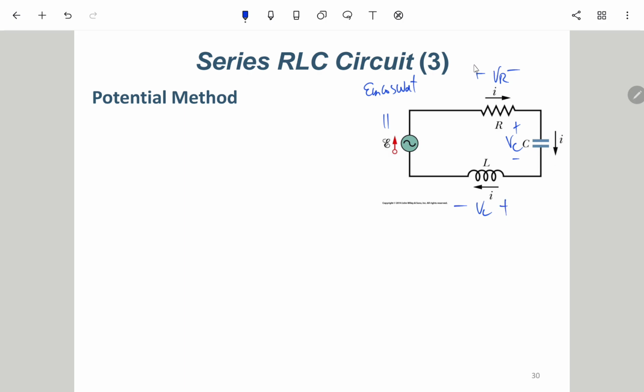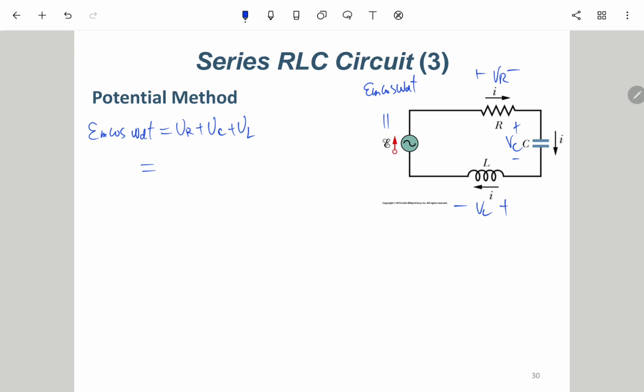So plus minus, back to back, we just add VR, VC, VL together to be this E. So we have EM cosine of omega d t equals VR plus VC plus VL. Okay, so this is the KVL.